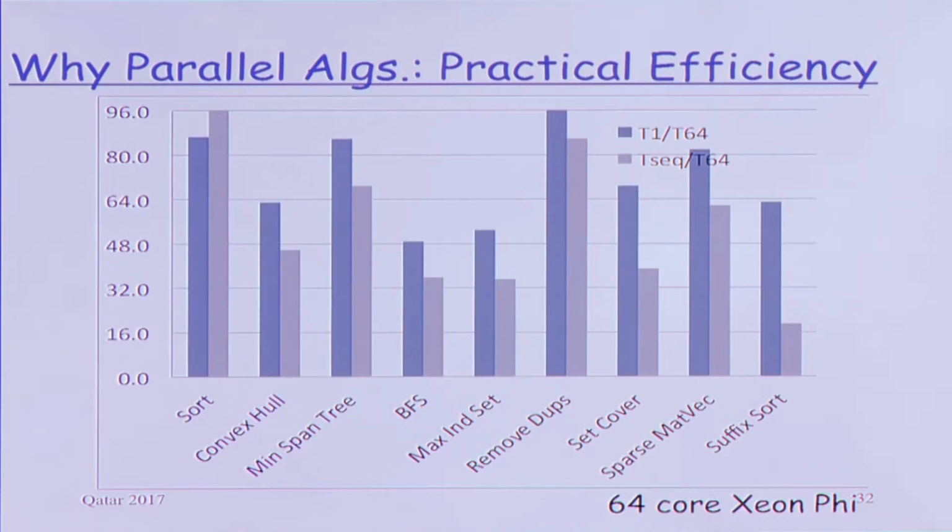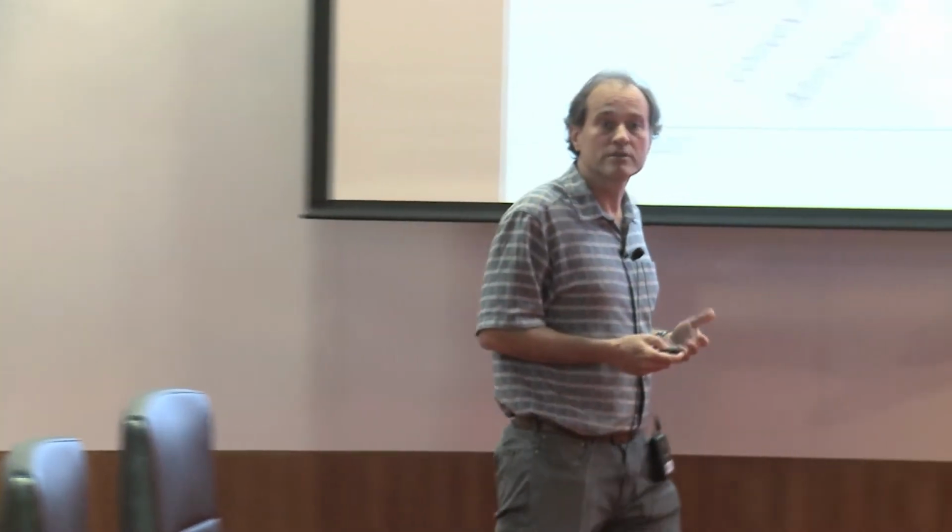So we can look at some standard sorting, minimum spanning tree, breadth first search, removing duplicates using hash tables, suffix sorter, some string processing, sparse. These are the bread and butter of the algorithms world.